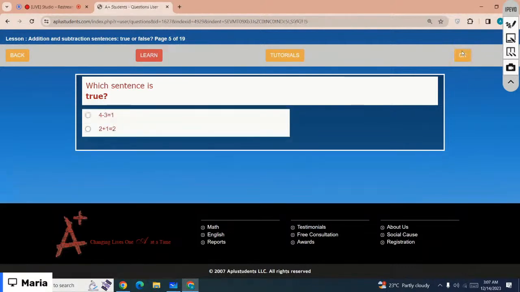Okay, which sentence is true? 4 take away 3 equals 1 or 2 plus 1 equals 2. Which is the correct option?